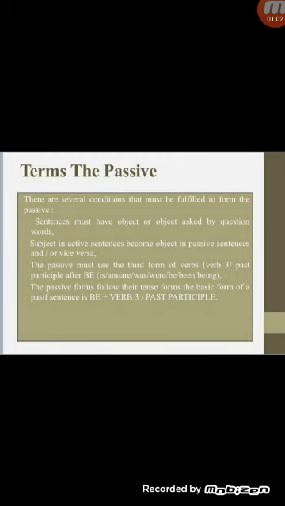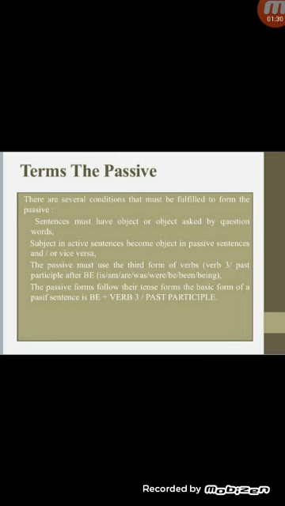Next, terms of the passive. There are several conditions that must be fulfilled. The sentence must have an object or objects asked by question words. The subject in the active sentence becomes the object in the passive sentence and vice versa.